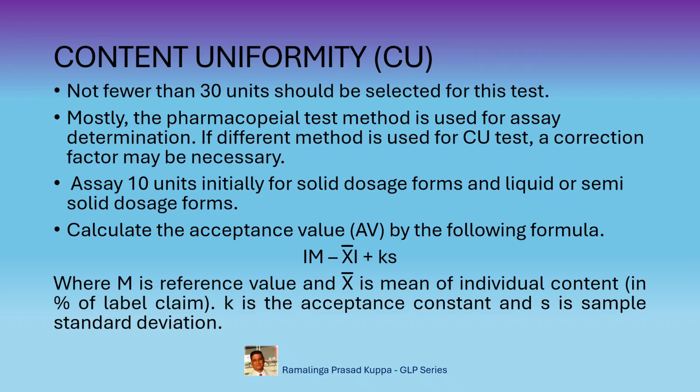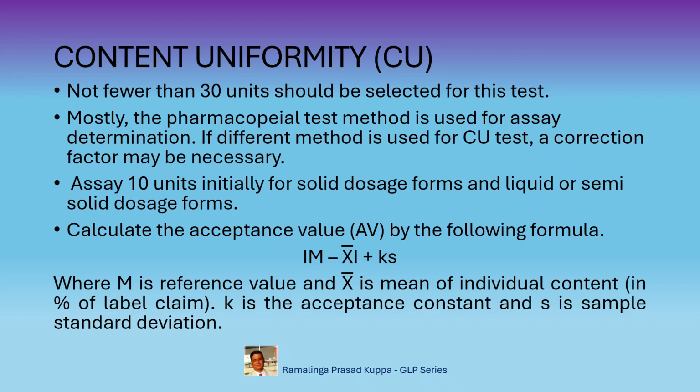The calculation given is simple to understand. Reference value M is applied case by case. If the target value is less than or equal to 101.5%, the condition is that if X bar, the average content value of 10 tablets, is between 98.5 and 101.5%, M value will be equal to X bar value.